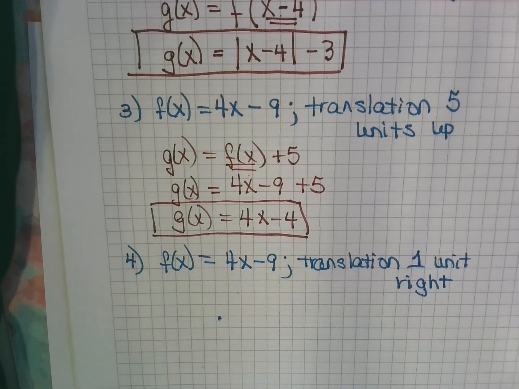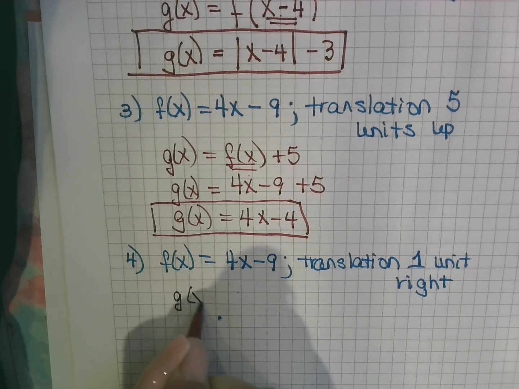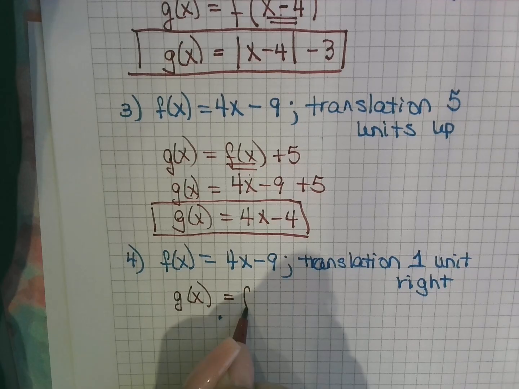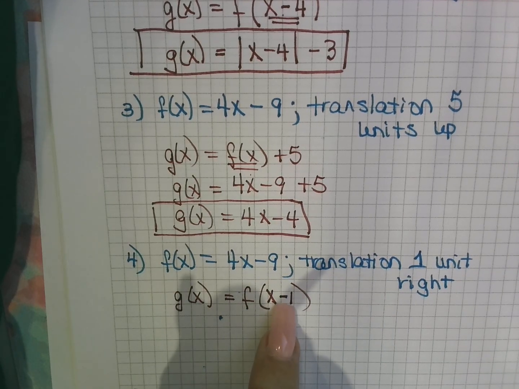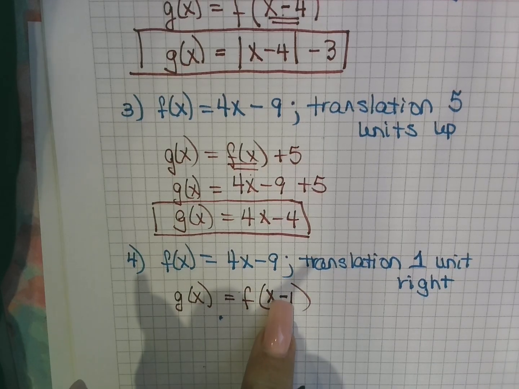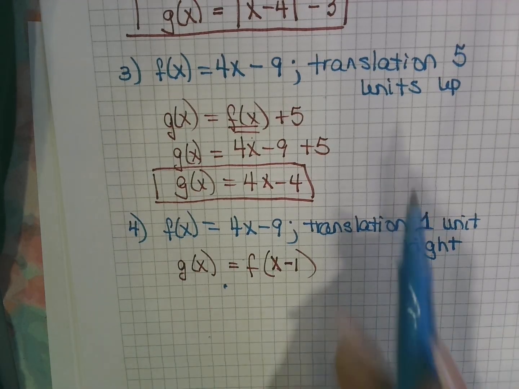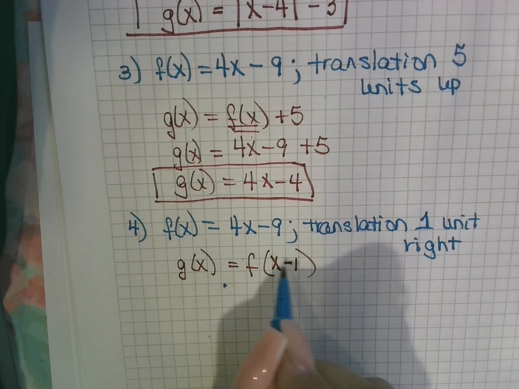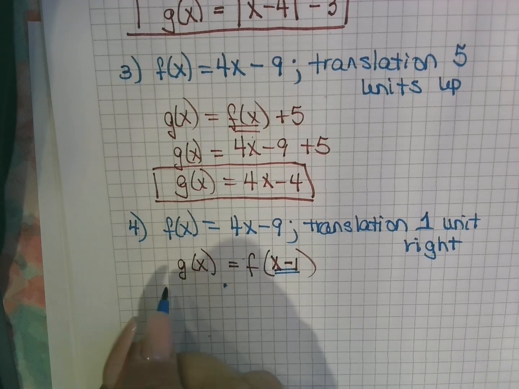Now if it's to the right, that means it is a horizontal translation, which takes place inside the function. So I want a g of x that equals f of x minus 1, because when you do it inside the function and it's going right, you do a minus sign. And what this means is take x minus 1 and plug it in to x for f of x.